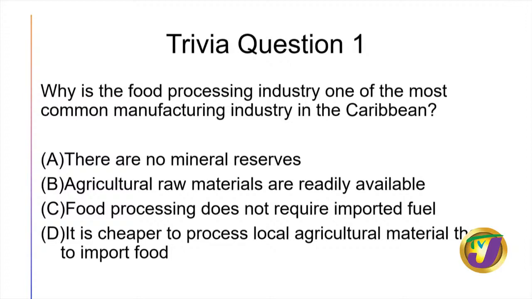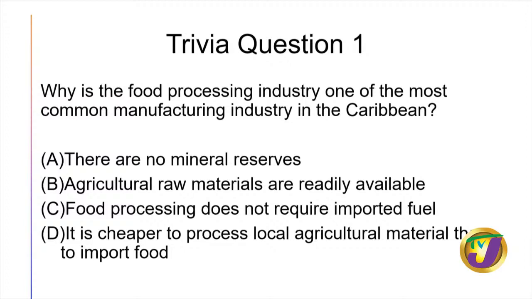Do you think it's because there are no mineral reserves, or because agricultural raw materials are so abundant or readily available? Or is it because food processing does not require imported fuel? Or do you think it is because it is cheaper to process local agricultural material than to import food?